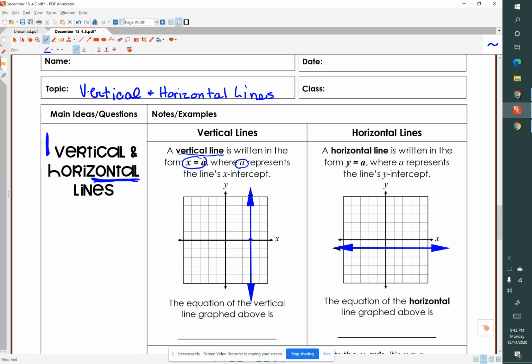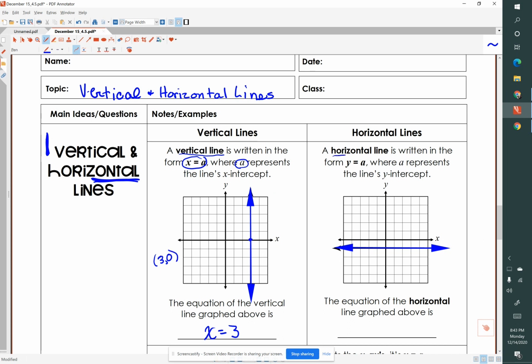So in the case of this equation right here, it would be x equals, and we start at the origin, 0, 0, and we count 1, 2, 3. So x equals 3. Now, if we wrote that point as an ordered pair, it would be the x value of 3 and the y value of 0.